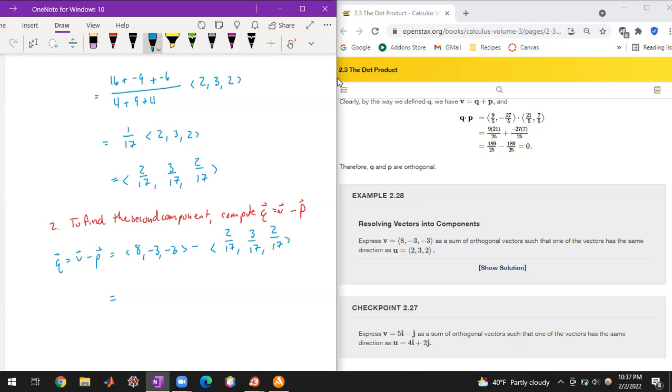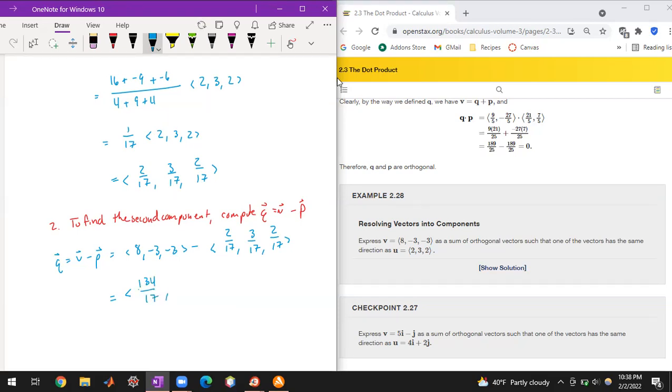I'm sorry, we're subtracting, we're not multiplying here. 8 minus 2 over 17: 8 is 136 over 17, so minus 2 is going to give us 134 over 17.